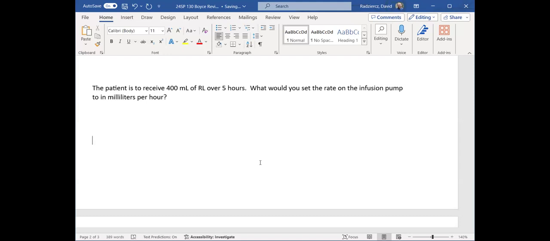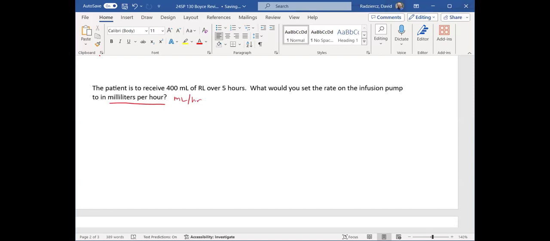With the flow rate, what we're trying to calculate, because this even tells you what to do, but you may not get that told to you. If it asks what would you set the rate to in the infusion pump, you need to know that means what is the ml per hour. That's what you're looking for. So what is flow rate? Flow rate is volume measured in milliliters over time measured in hours.